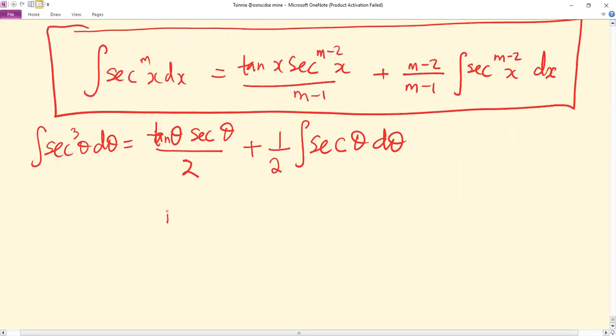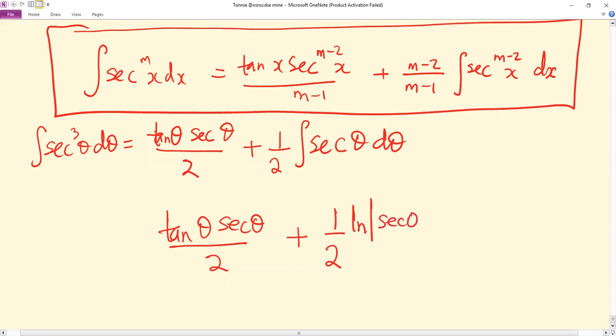Now this will give us tan theta sec theta divided by 2 plus, when you integrate a sec function, you get ln of sec plus tan. And then we add a constant of integration c.